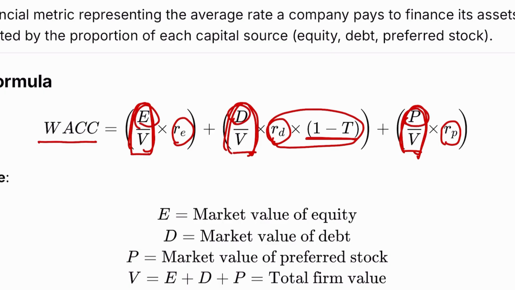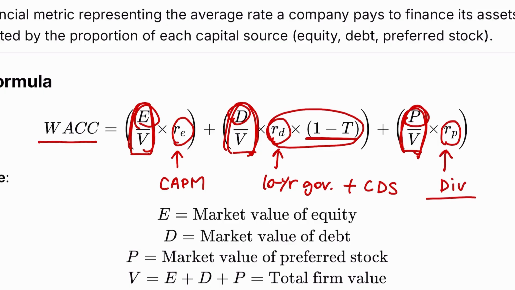For finding the cost of equity, we use the CAPM formula, and the cost of debt is the 10-year government yield plus the corporate default spread. And the cost of preferred stock is just the dividend divided by the market value of preferred stock.